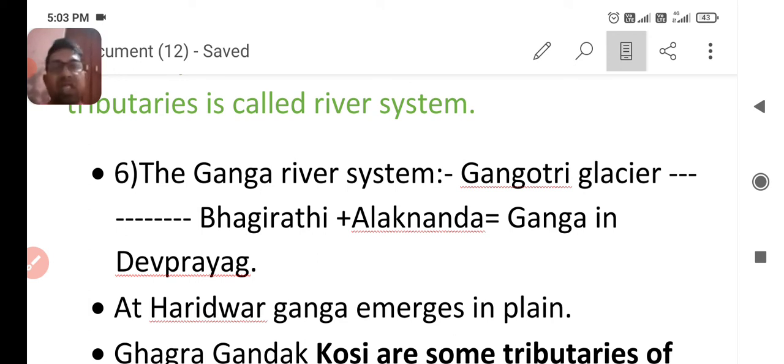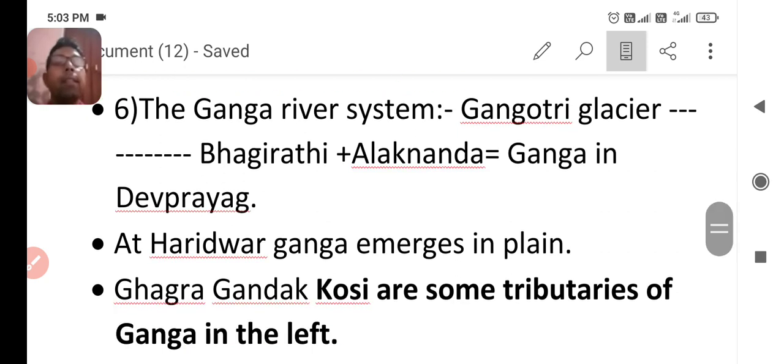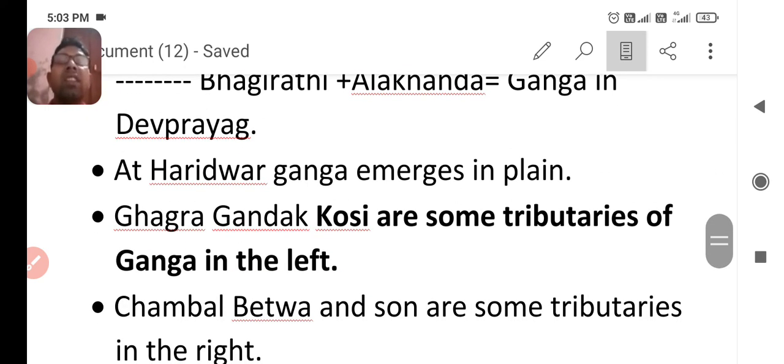Bhagirathi comes from the glacier and it joins Alaknanda at Devprayag, and after that these two merge into one, and this one is known as Ganga. And the next, at Haridwar, Ganga emerges in the plain. There is an objective type question for you.